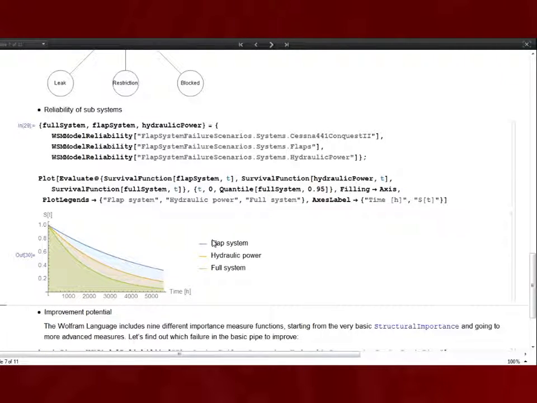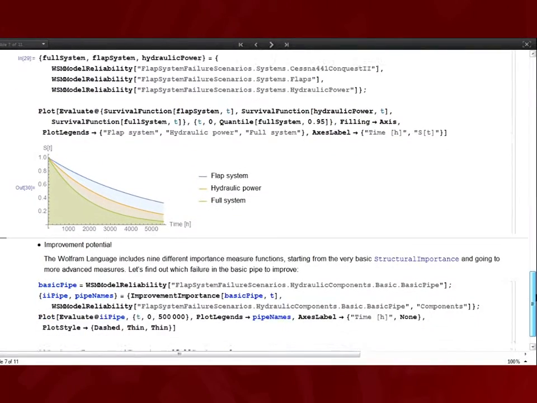So we can see here the reliability of the flap system in blue, which is quite reliable. The hydraulic power system is less reliable, and the full system, of course, is less reliable than those together because both of them have to work. So in this way, we can realize that the hydraulic power system seems to be in more need of improvements than the flap system.